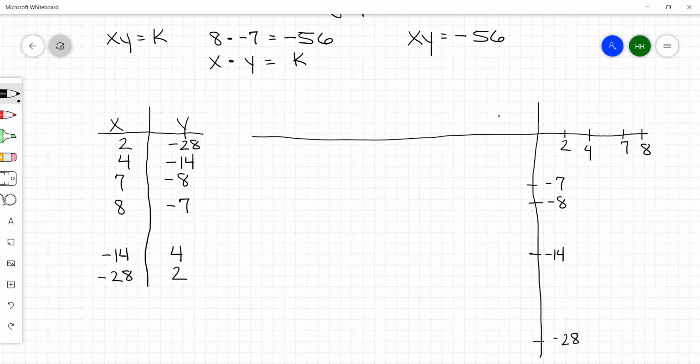Negative 14, 4. And then negative 28 and 2.